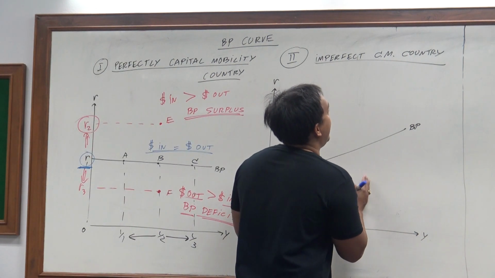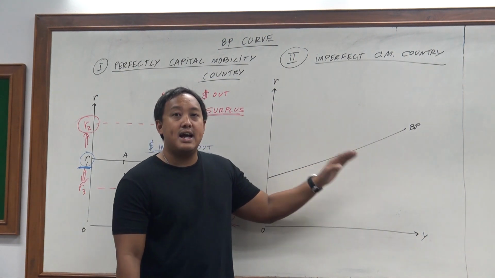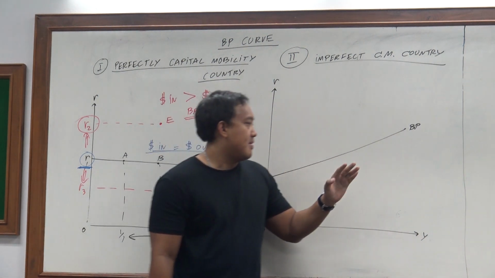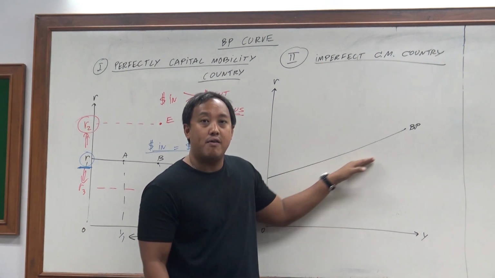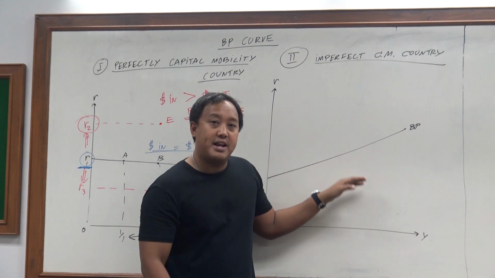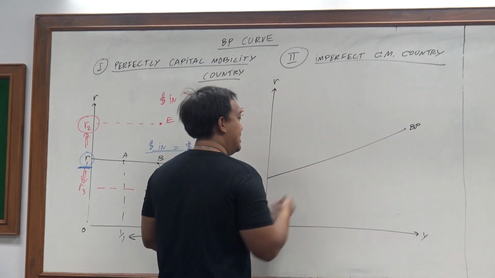For imperfect capital mobility, the idea is the same, except the balance of payment curve has a positive slope, going upward a little bit. What does this slope mean?